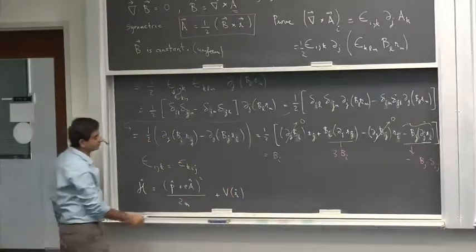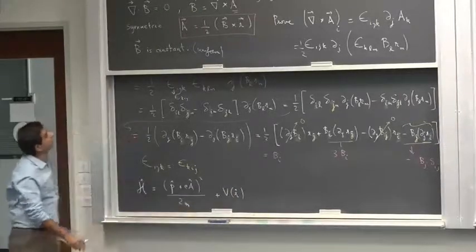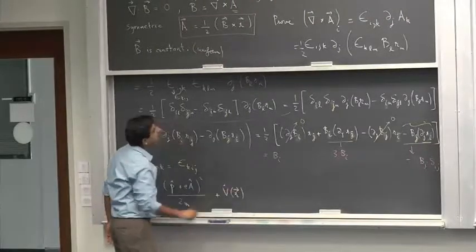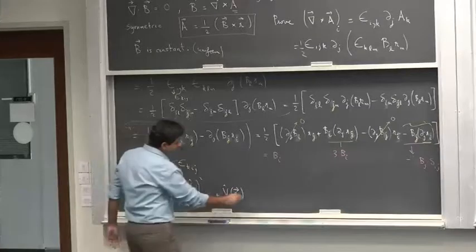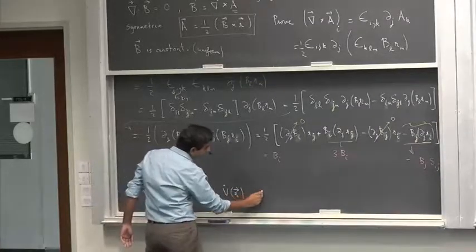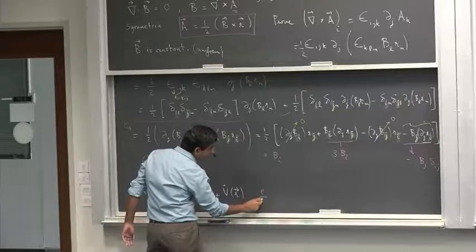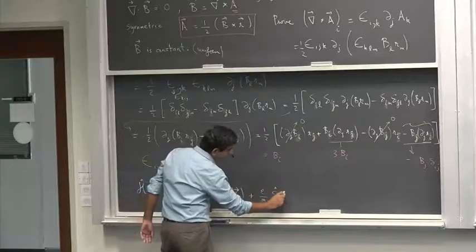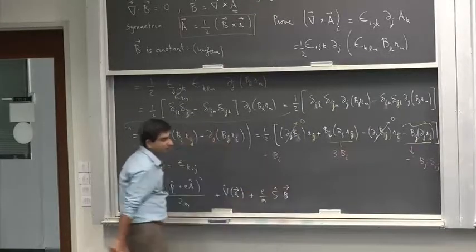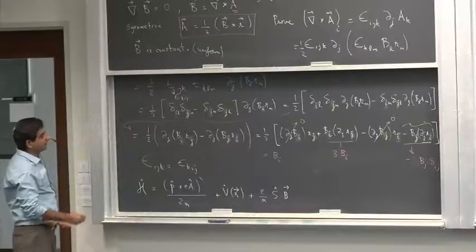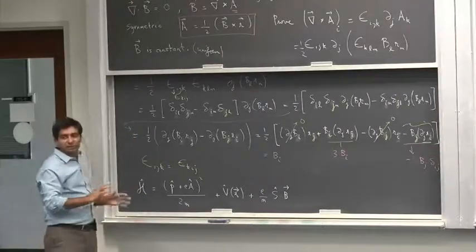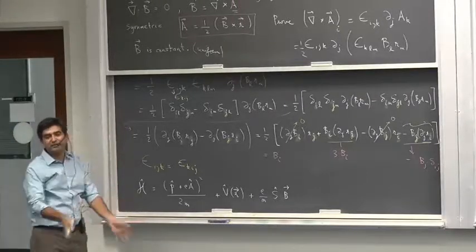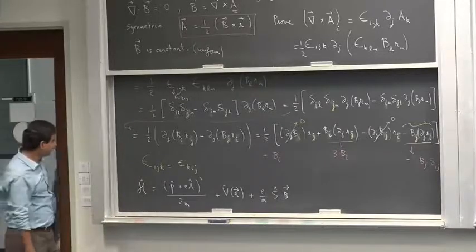This is an operator, R. And now I'm going to add minus mu dot B. For an electron, mu equals minus e over m S, so plus e over m S dotted with B. This is what we have for an electron. Now I suppose that I have not applied an external electric field, so my phi is 0. And I'm ignoring the spin-orbit interaction for the time. So this is my Hamiltonian.